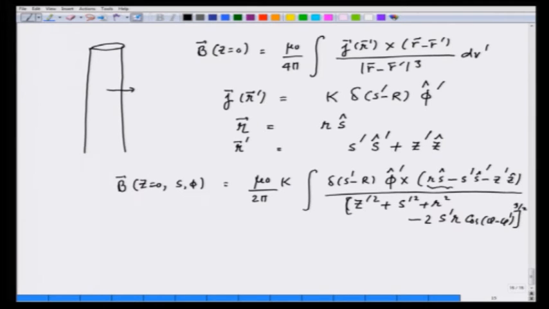This is easy to see, the distance that I just used. If you look at s and s prime, and we are actually looking at a distance here, take the x and y components and you will get this answer.